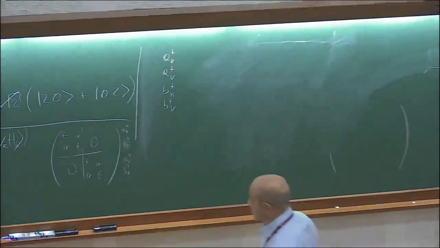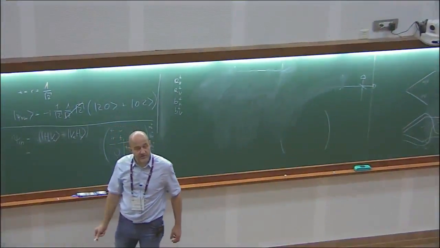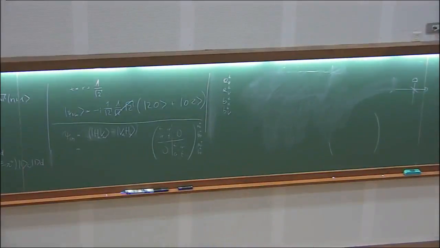And what's nice about this is it would be really hard to calculate in terms of photons. It's easy to calculate if you plug in the creation operators and apply them to the vacuum, because whatever you do in that case, you get a proper quantum state out. Whereas if you tried the same thing with H's and V's and tried to track them through the modes, it gets very tangled, if you will.